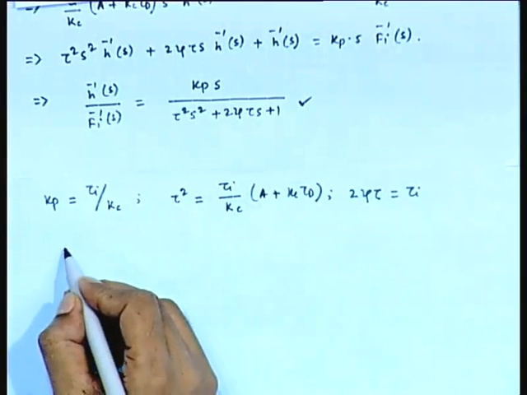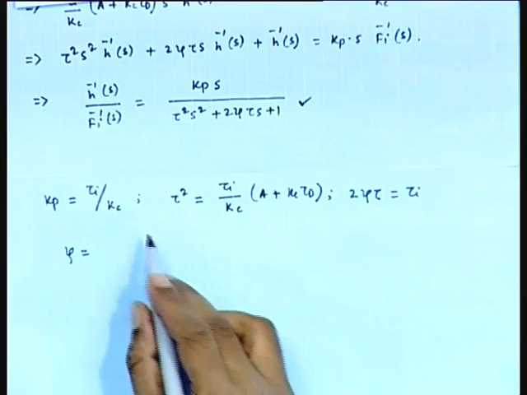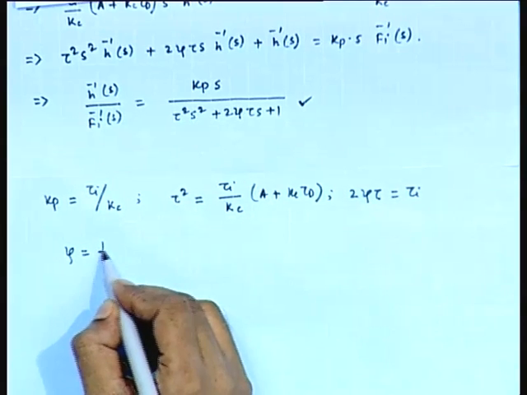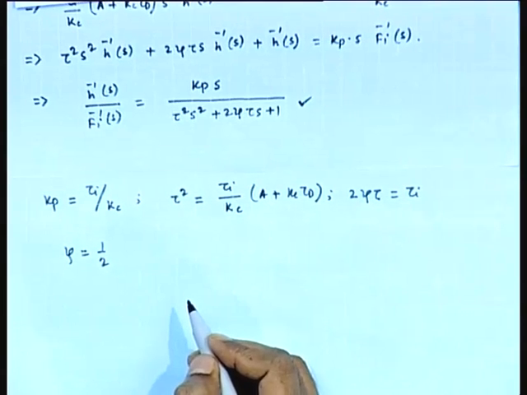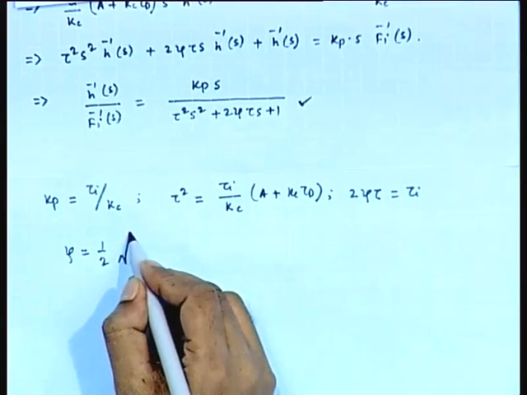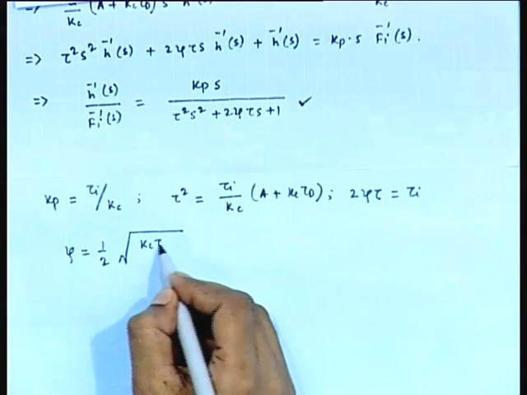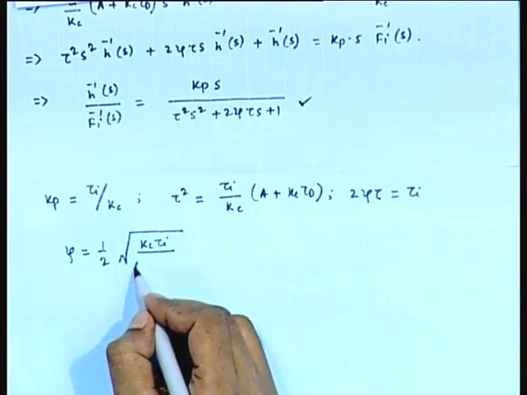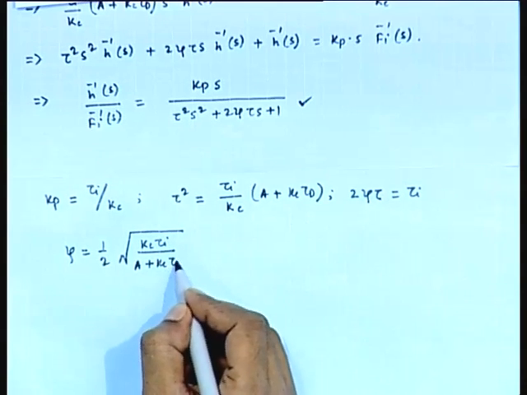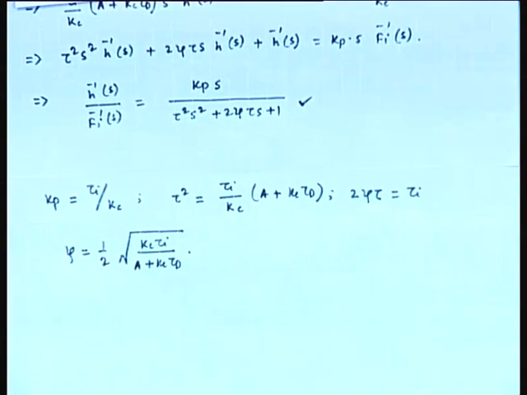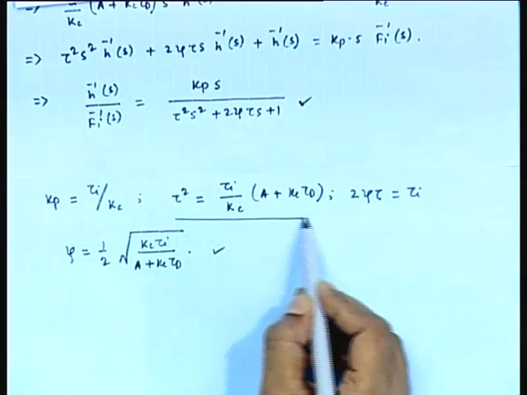So, from these equations we obtain zeta equals half root over of kc tau I divided by a plus kc tau d. This expression for zeta we obtain from these two forms.